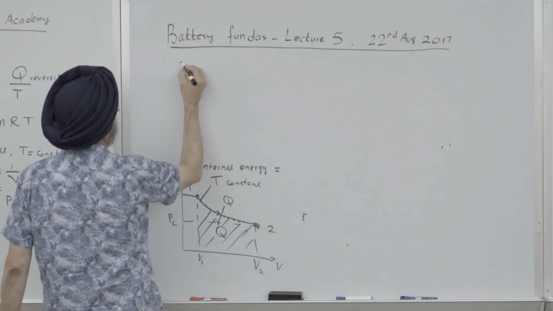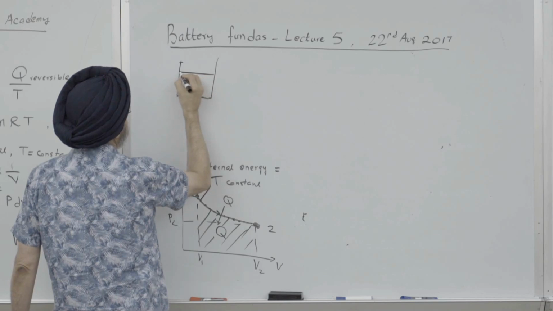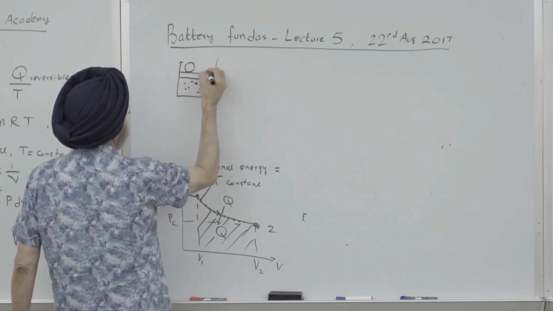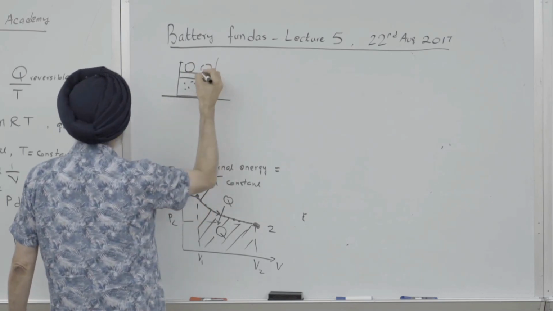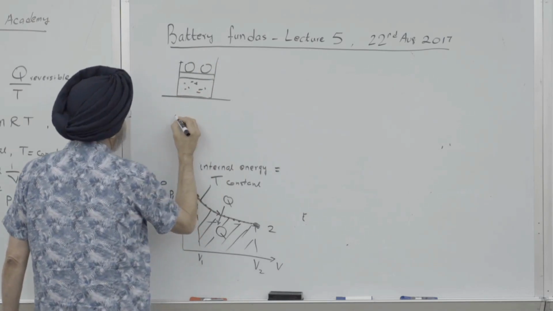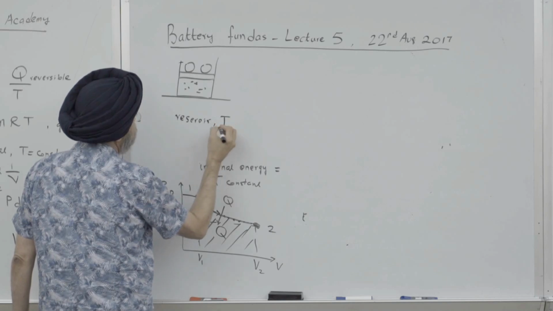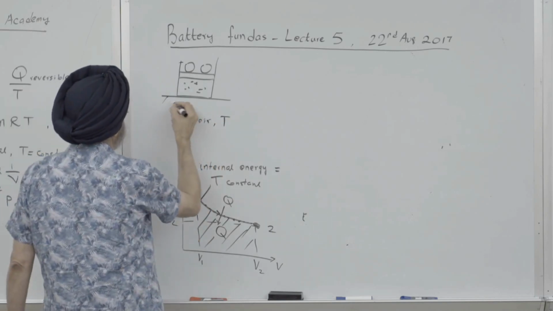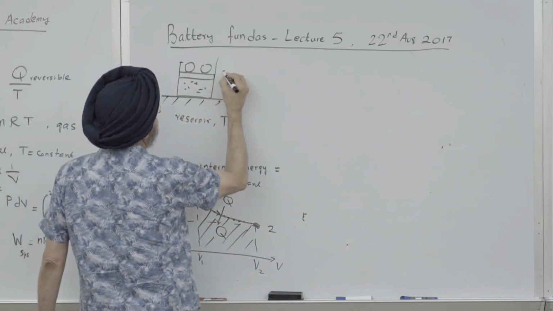Okay, so I'm going to draw my system again, and I have a piston. I have gas over here, and this time I'll just put two big blocks of mass on top of the piston to keep the gas down. I still have my reservoir at temperature T, and this time I assume there is friction.